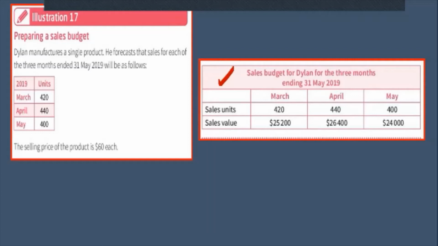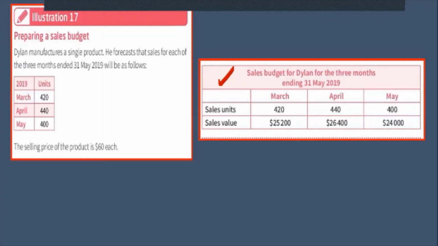So looking at the sales budget, we have it across here. The sales budget for Dylan for the 3 months ended 31st of May 2019. A simple affair. You put the months at the top and you put in the sales in units for the 3 months. Then you multiply it by the selling price of $60, and you will get the sales value on the next line.